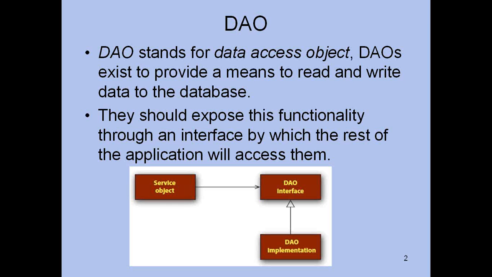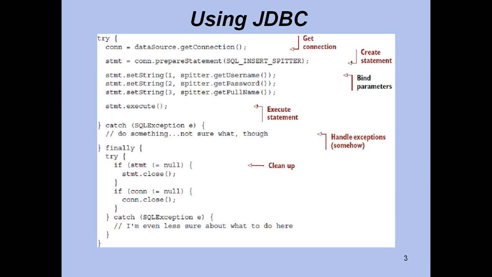Now, why are we discussing this DAO? When you talk about Spring JDBC, we are trying to hit the database with the help of Spring. And when we do that, we need to follow certain patterns. Earlier, we talked about hitting the database using core JDBC.